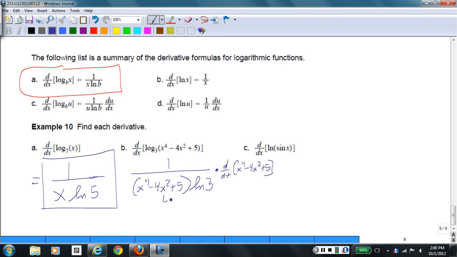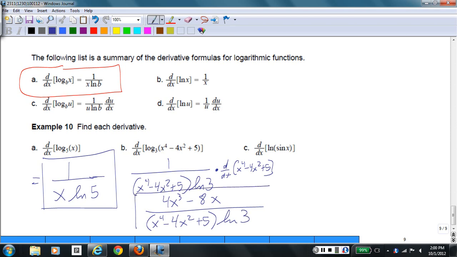So it's going to be 4x cubed minus 8x. Factor out the 4x if you like to. Over x to the 4th minus 4x squared plus 5 times the natural log of 3.